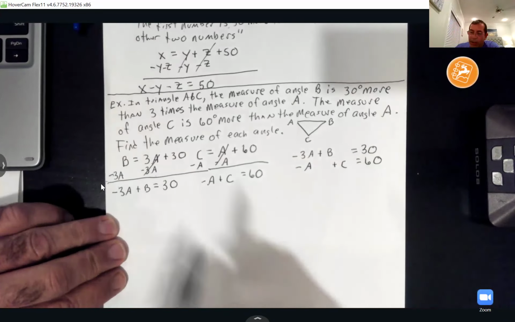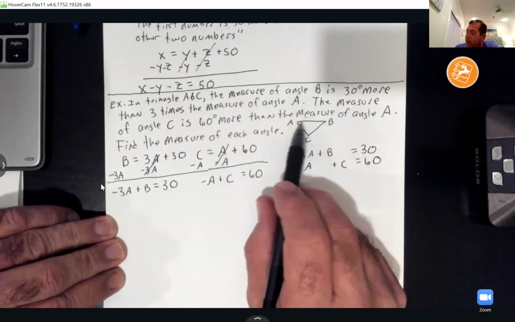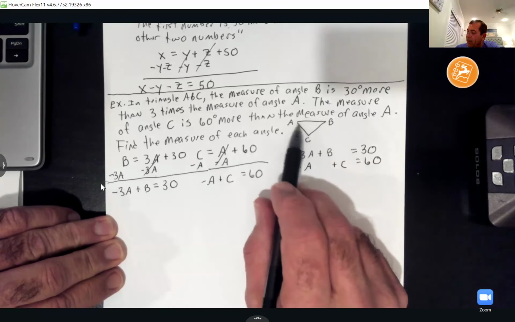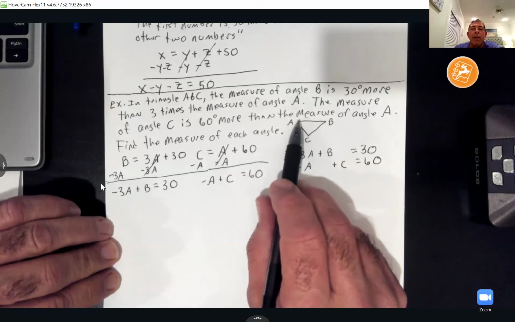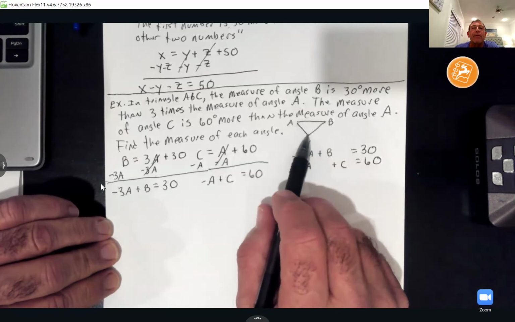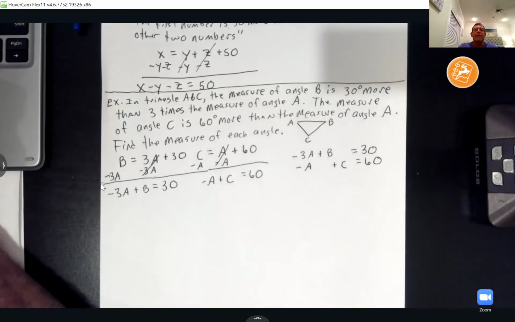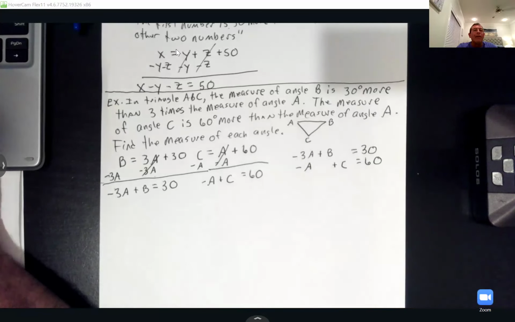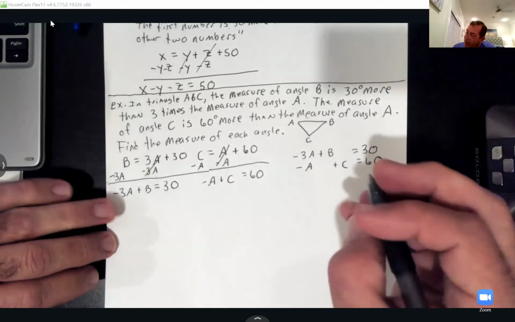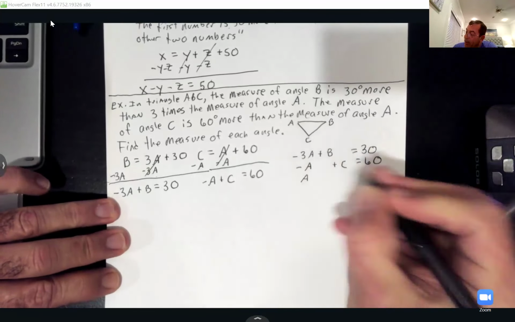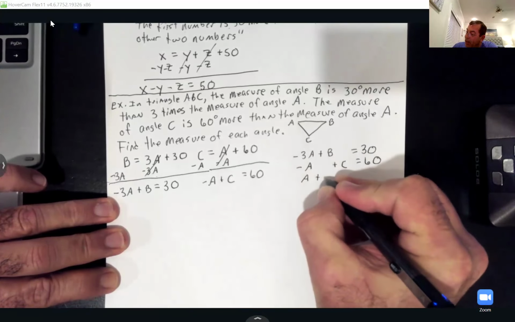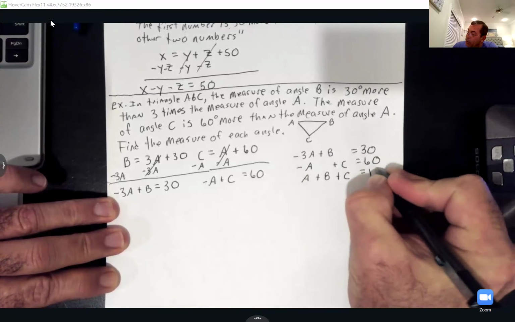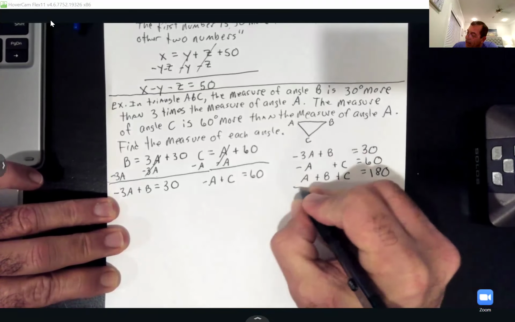So y'all tell me, what do y'all know about these 3 angles? Do y'all remember what it equals if you add all the angles together? 180. 180. So that means I could come in here and say, well, hey, angle A plus angle B plus angle C equals 180 degrees.